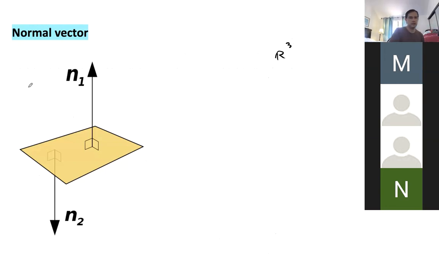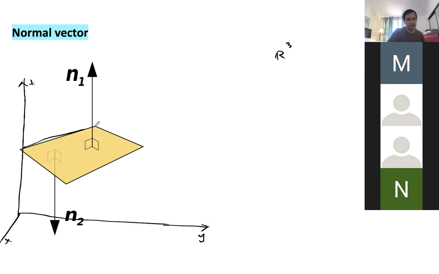So the whole situation is in 3-dimensional space. This is the coordinate system, this is the x-axis, this is the y-axis, and this is the z-axis, and then we have some plane in this 3-dimensional space. So this is my plane.